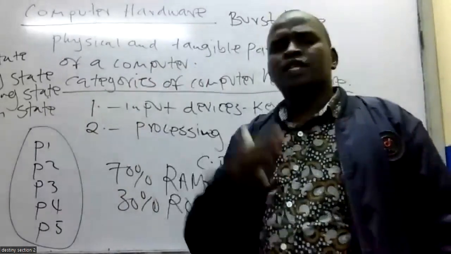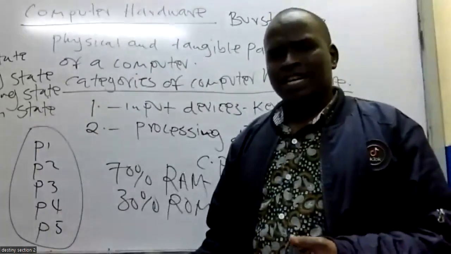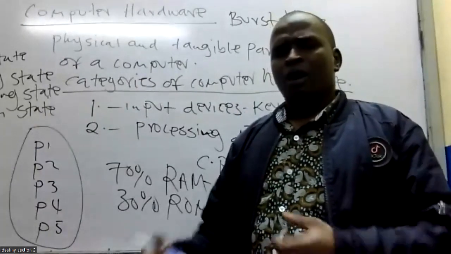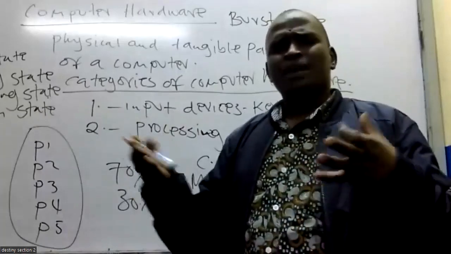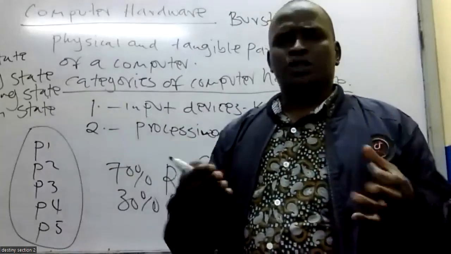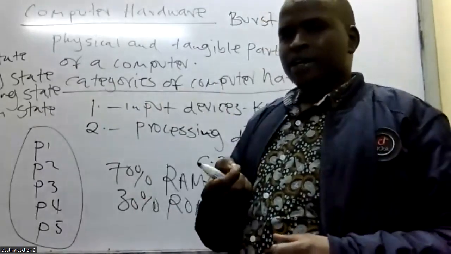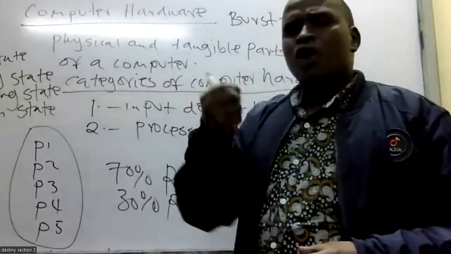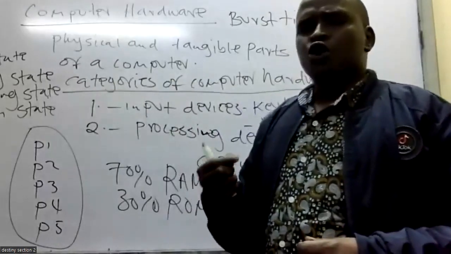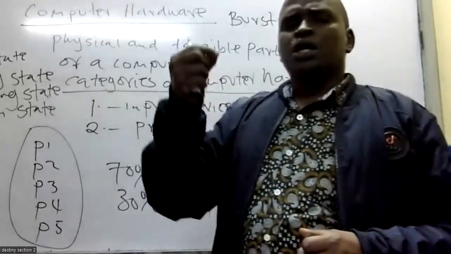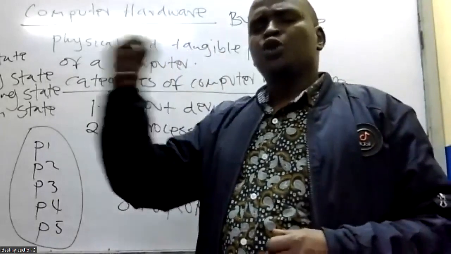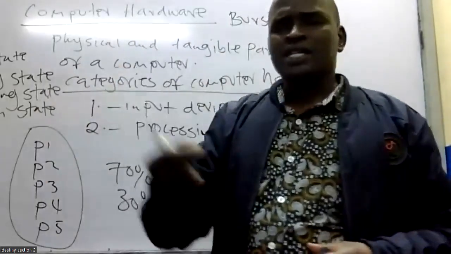The same thing applies to real life. There are some things which even you yourself you can prioritize. Even if you have your salary, you can prioritize those things you cannot do without, like for example the rent and so on.